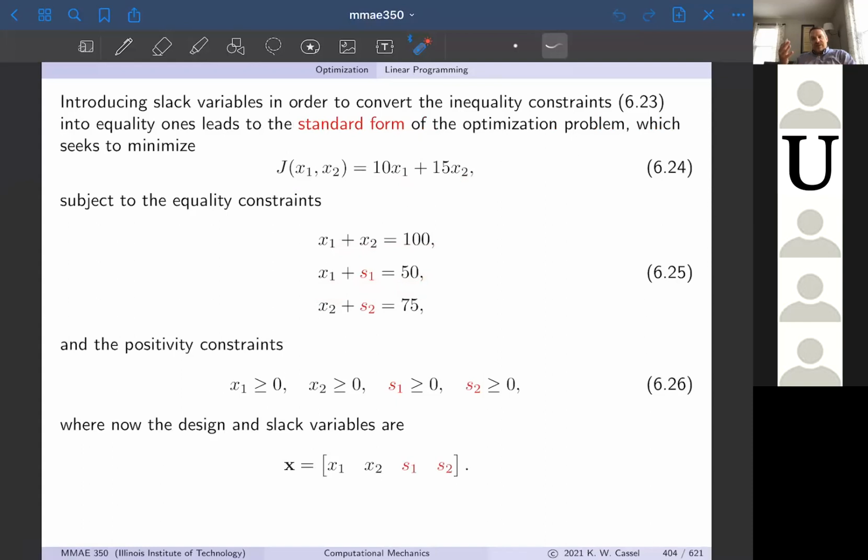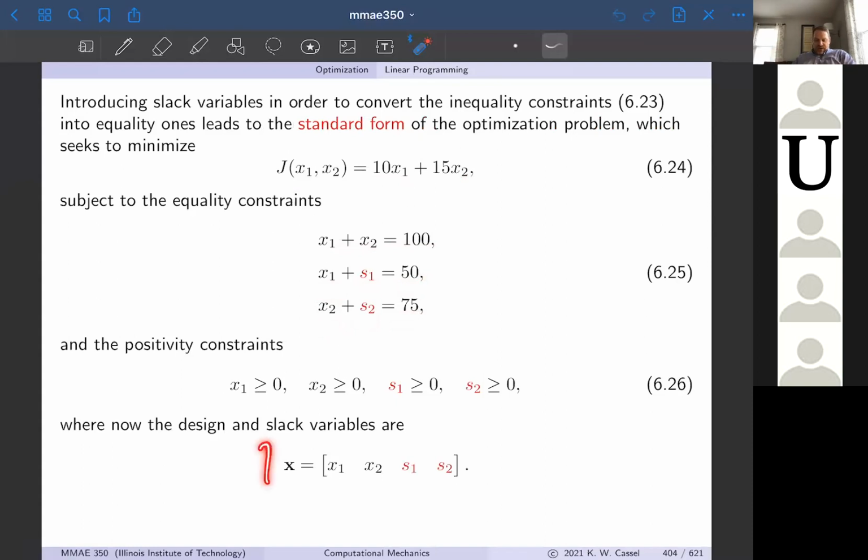That's how much slack is in the actual number of cars versus the number of cars that the first train could pull. Same thing with x2. So the second train will pull x2 cars, but it could pull x2 plus s2, which is equal to 75. So I don't know yet what s1 and s2 are, but they will be calculated as part of the solution. So I've introduced two additional variables.